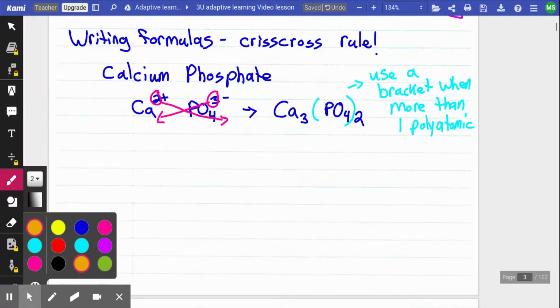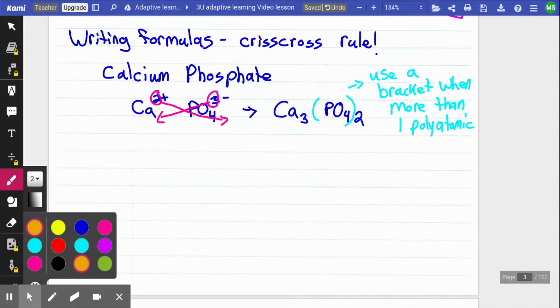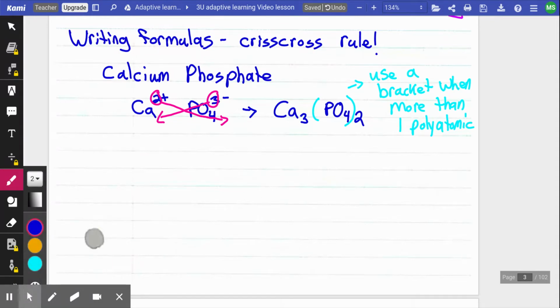Let's do another example. So sodium hydroxide, writing the symbols and the charges. Sodium has a charge of +1, and hydroxide has a charge of -1.